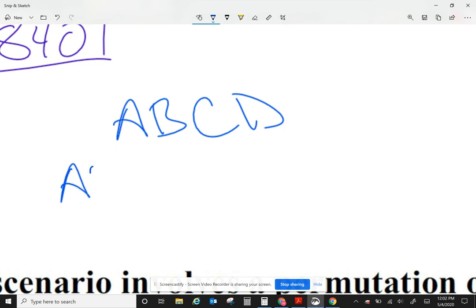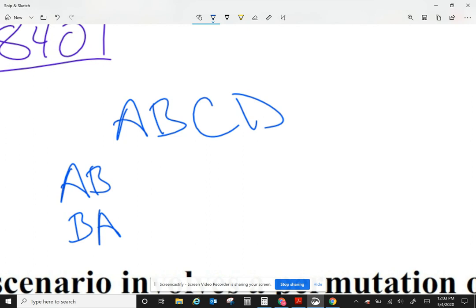So AB and BA, I consider them separate because that was a different order. That's permutation. Now combination means, as long as you choose the same letters, it doesn't matter which order. So sometimes people call combination "choose". Let's say I had 4 letters and I want you to choose 2. It doesn't matter which one comes first. So AB and BA, I'm going to consider the same thing.